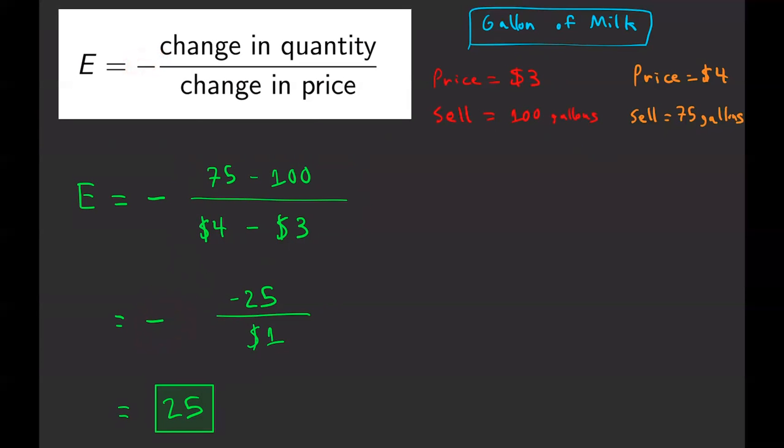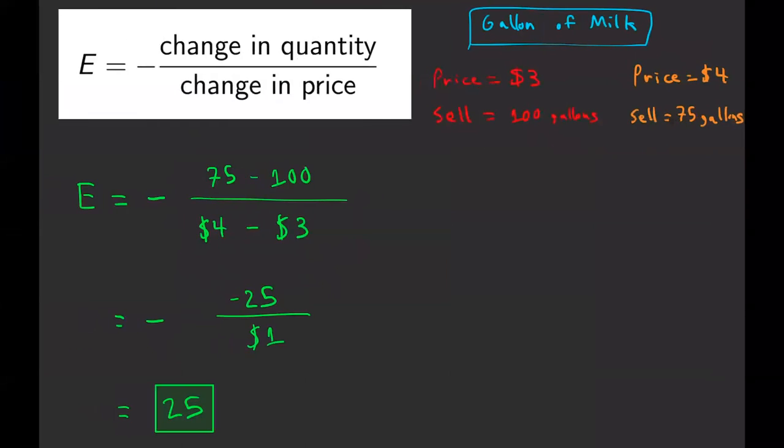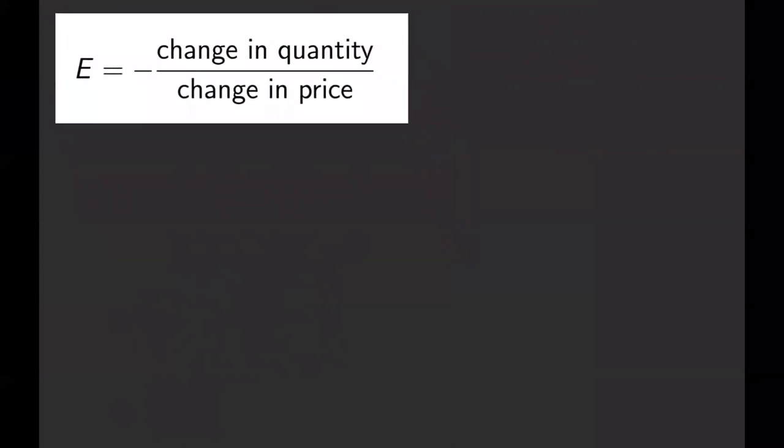Let's look at this a little bit more in depth. I want to copy this formula down again. When we look here, what you could recognize is the change in the quantity over the change in the price. This is going to be a little bit hand wavy, so bear with me.